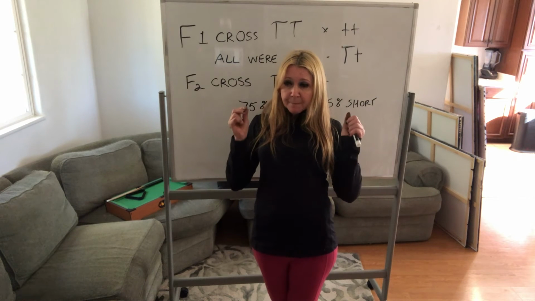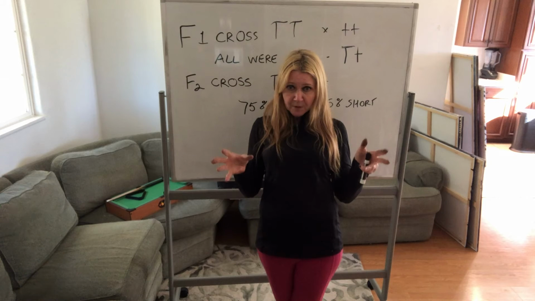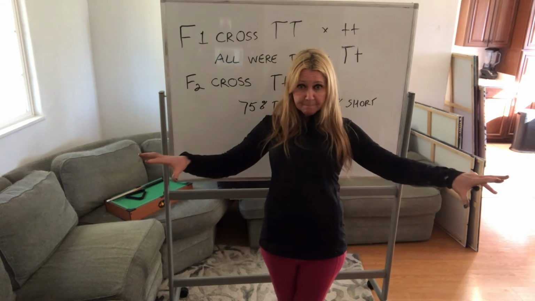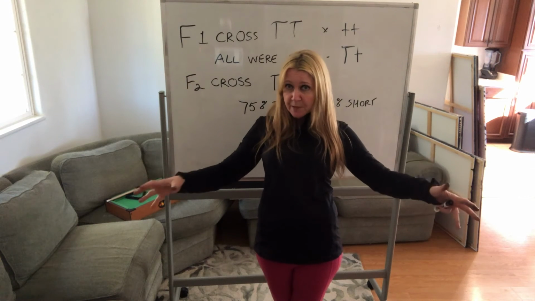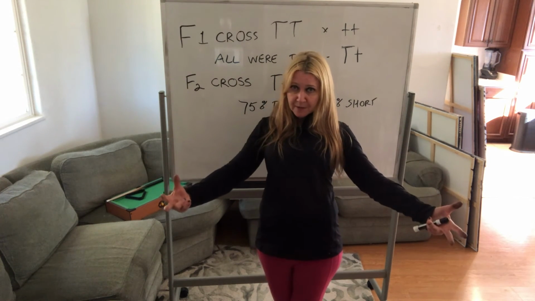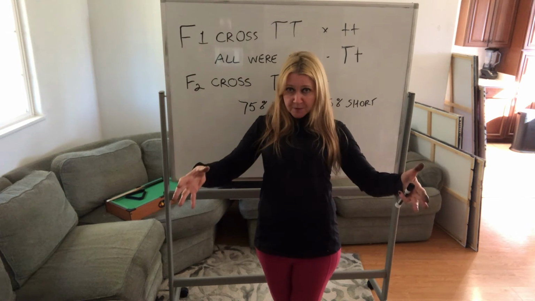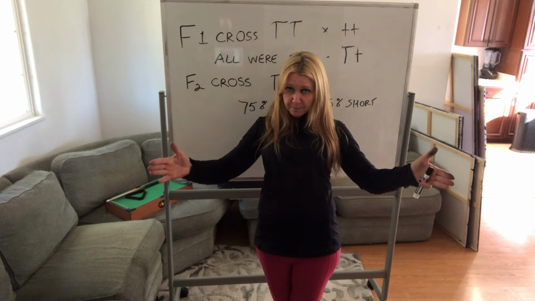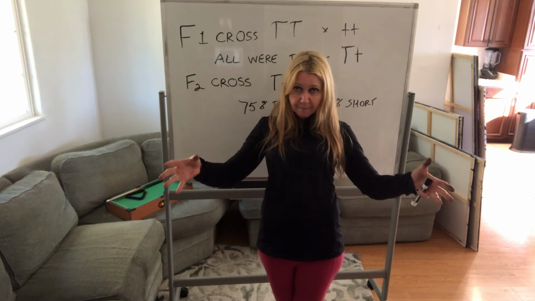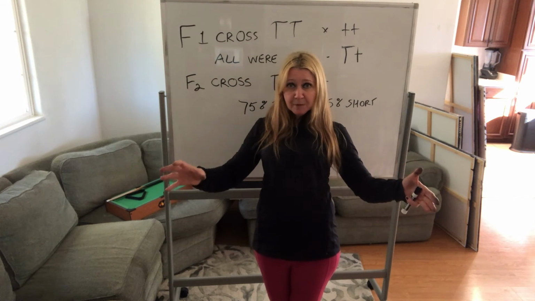So in complete dominance, one allele is completely dominant over another for the same trait. The trait is that characteristic that's passed on. So for height of the pea plants, you have tall and short. Those are the 2 alleles. Big T, little t. Big T is completely dominant over little t.